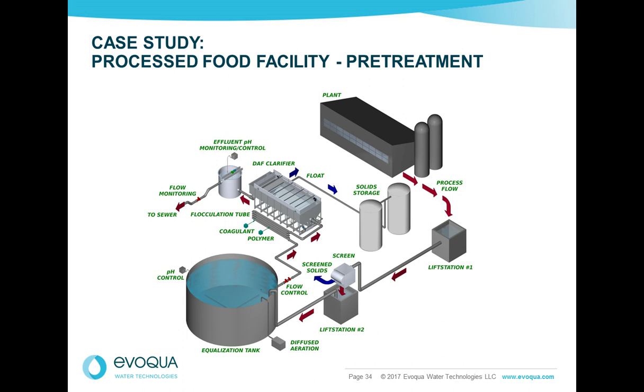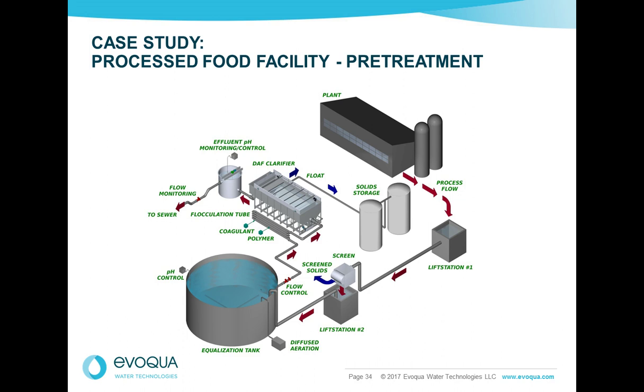Flow comes from the equalization tank, goes over through the flocculation tube, where a coagulant is added in addition to a polymer to flocculate the particles before entering the DAF, and within the DAF, that's where the flotation occurs, and the float material is removed.